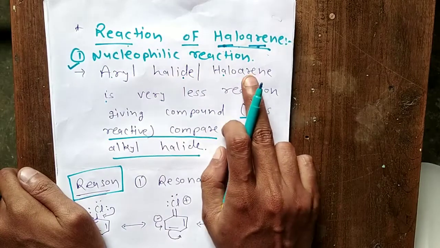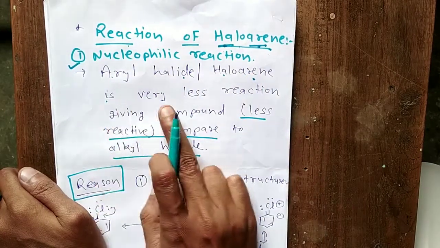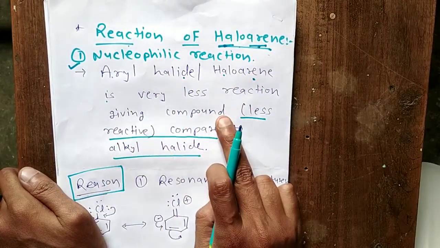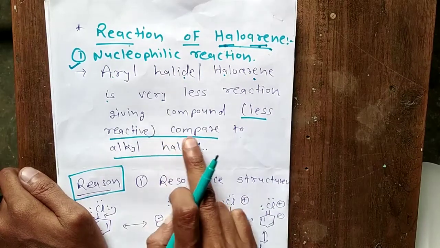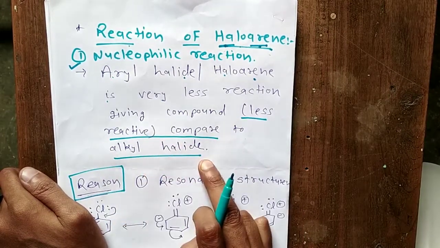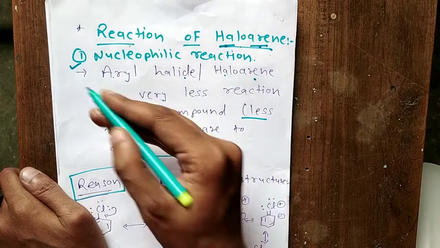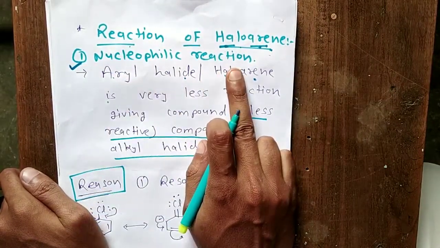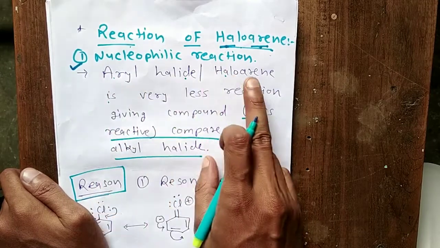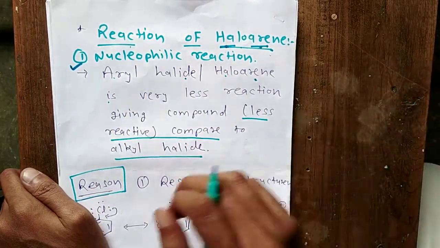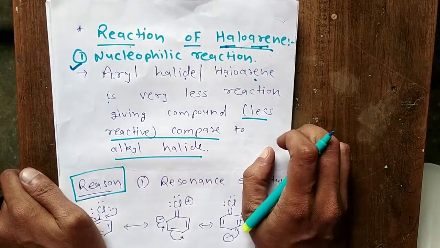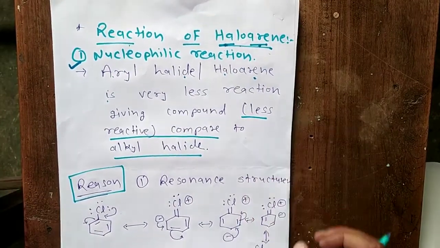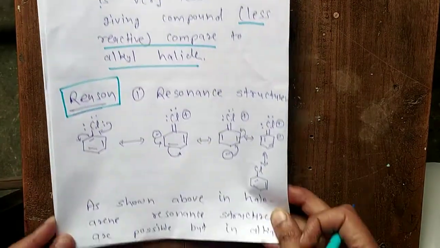Why are aryl halides or haloarenes less reactive compared to alkyl halides in nucleophilic reactions? So there are a total of 4 reasons here.